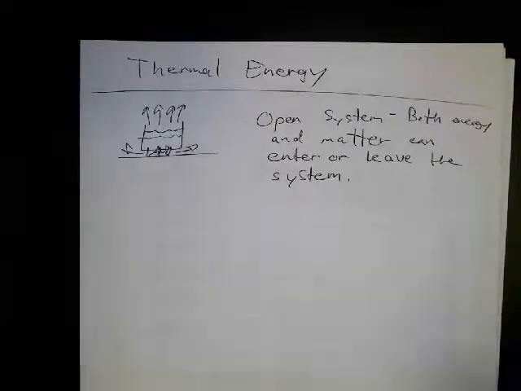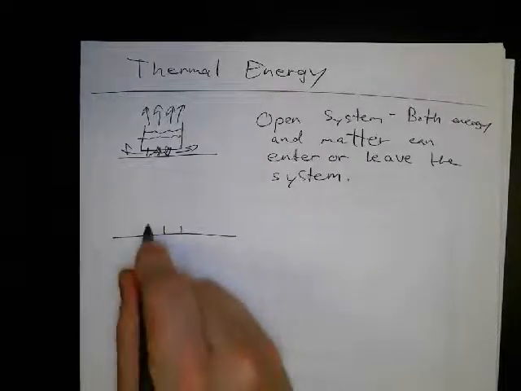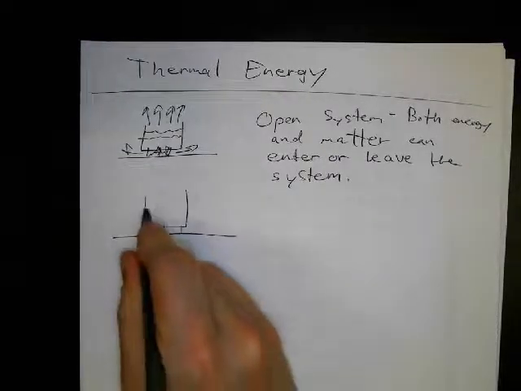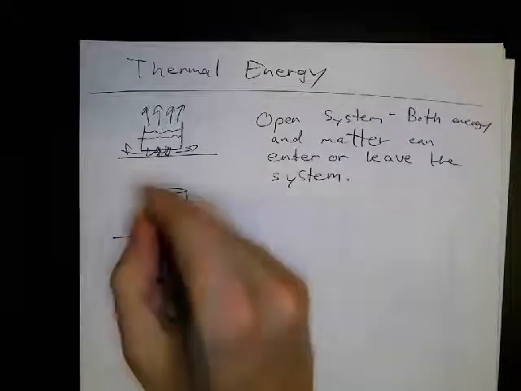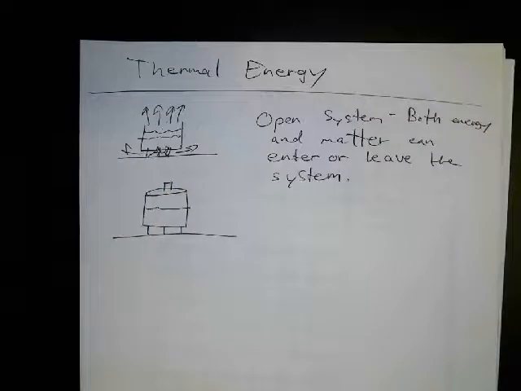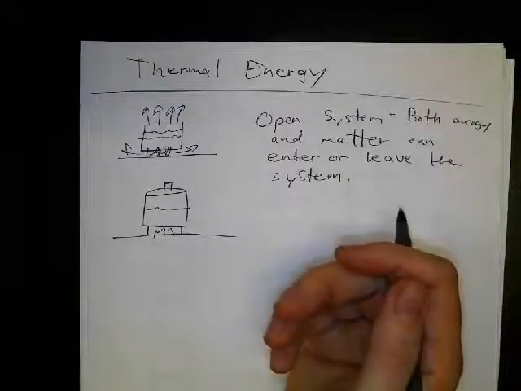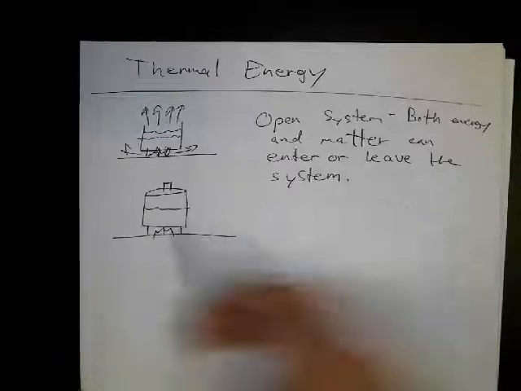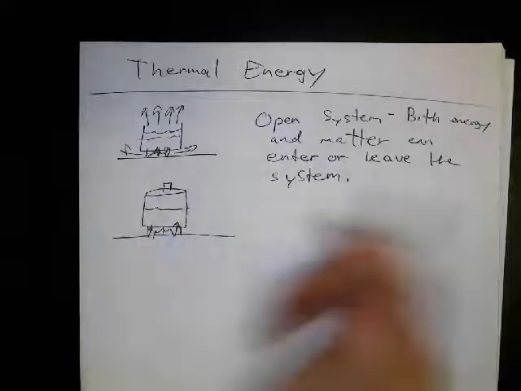Okay, let's take another example. Let's say that I take the same pot on the same stove, same water, but I put a lid on it, a nice tight-fitting lid, maybe like a pressure cooker lid, and clamp it down. And I heat that thing here. Well, that pot, energy is flowing into it. If I touch the pot, it gets warm.